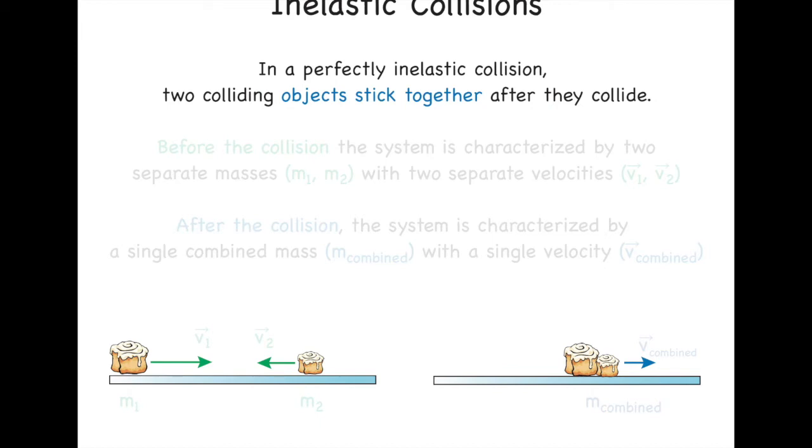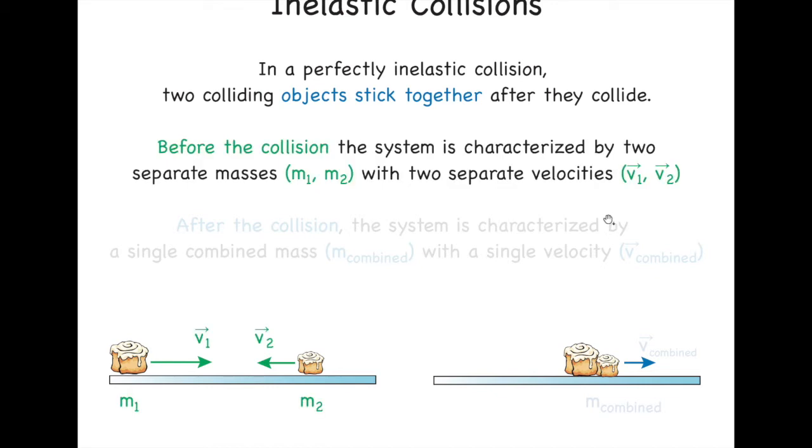In a perfectly inelastic collision, two colliding objects stick together after they collide. So before the collision, the system is characterized by two separate masses. Here in this illustration, I have a mass 1 and a mass 2, and I've used pictures of sticky buns because we're going to have them stick together. One is moving in one direction and the other is moving in the other direction.